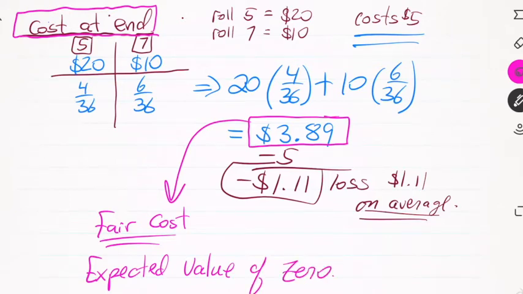So no one is winning and no one is losing, therefore it's fair. So that's the only thing that cost at the end sometimes comes into play a different role than the cost at the beginning. You can find the fair cost of the game and go from there.